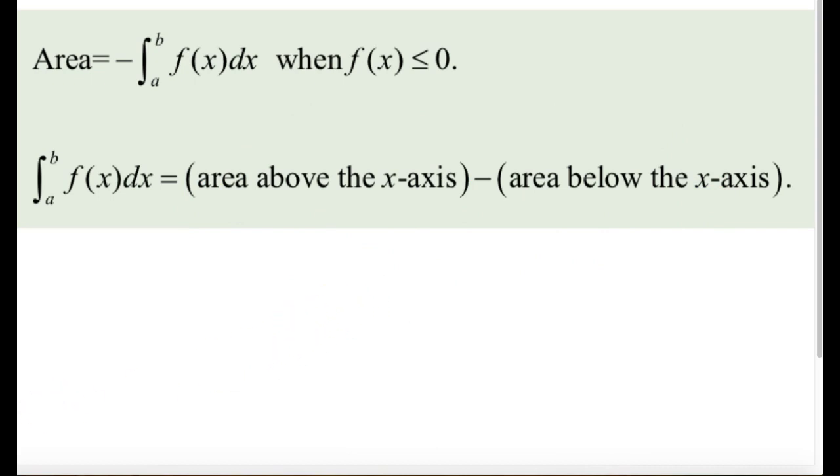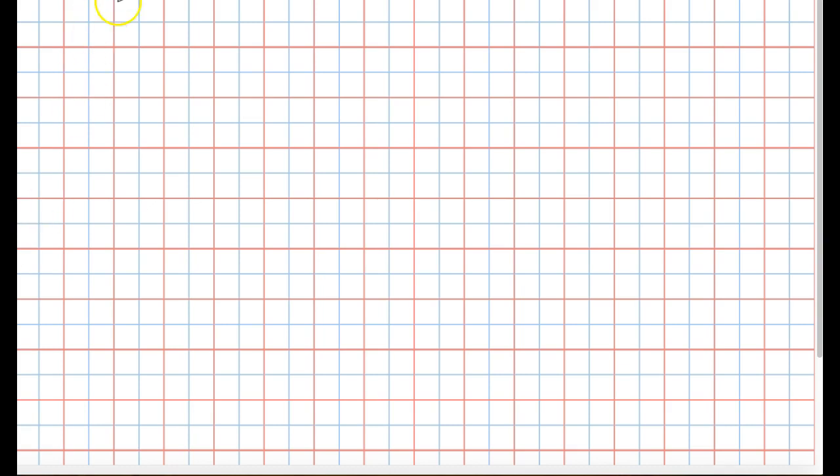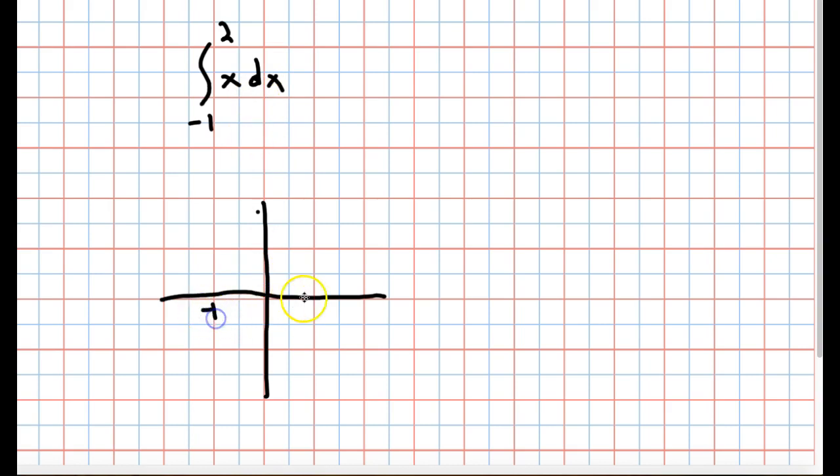All right, so an example of this, if I take the area from -1 to 2 of x dx, if I graph this, I'm going to make my scale a little bit bigger here. So let's say this is -1, 1, 2.